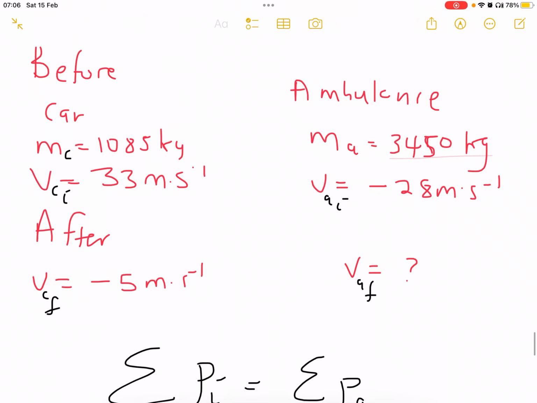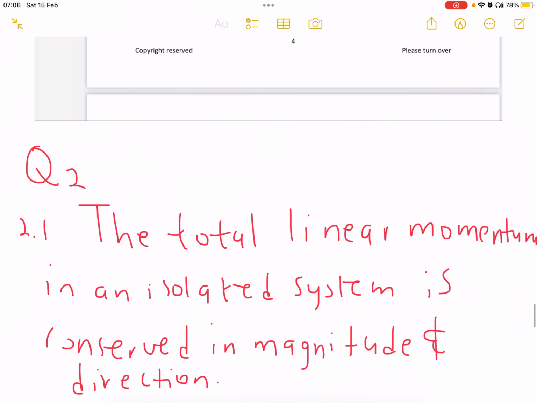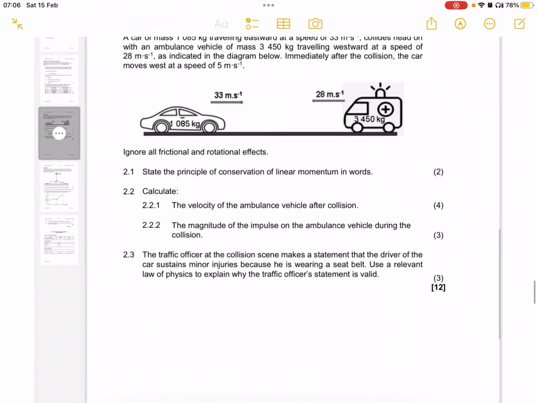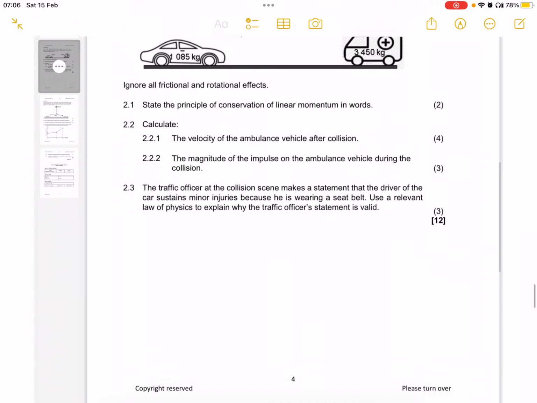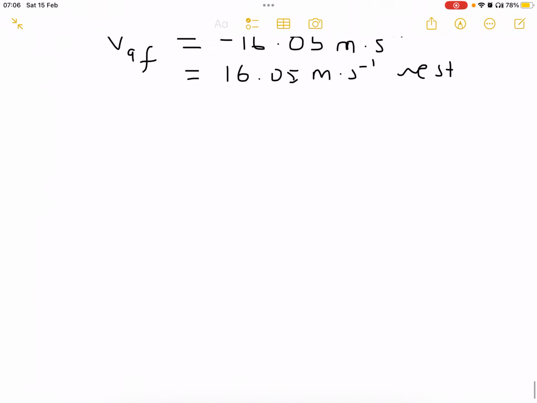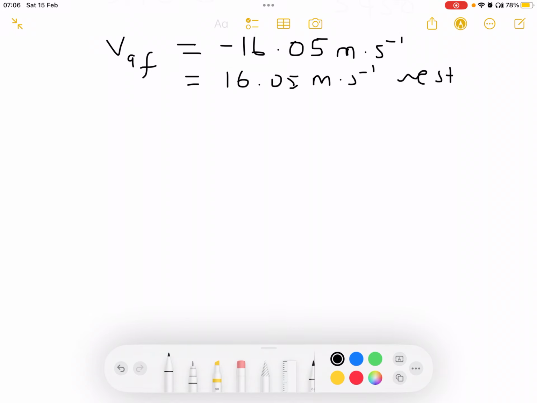Next question is asking us the magnitude of the impulse on the ambulance vehicle during the collision. Magnitude of the impulse on the ambulance. Now it's on the ambulance. 2.2.2 impulse. What is impulse?